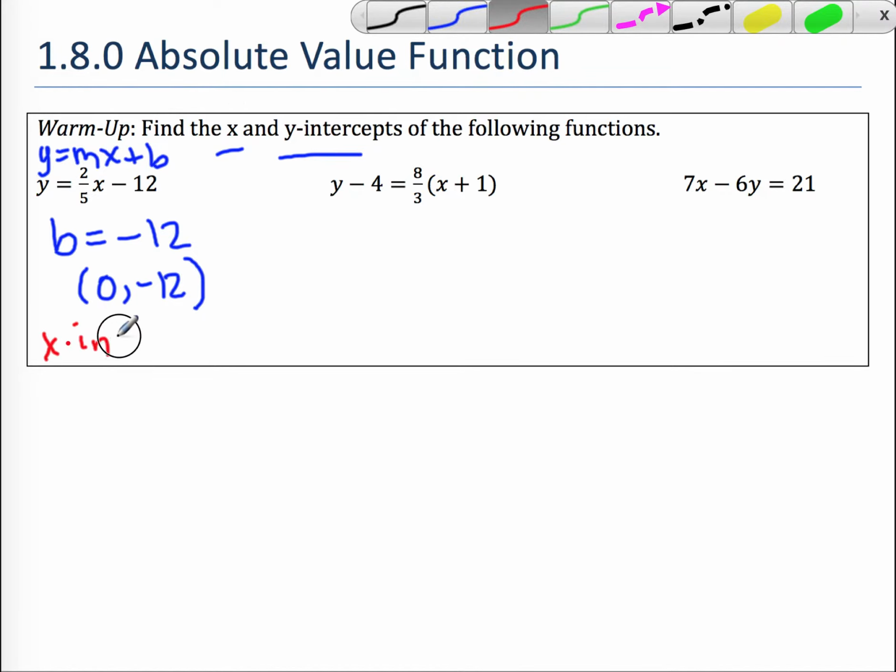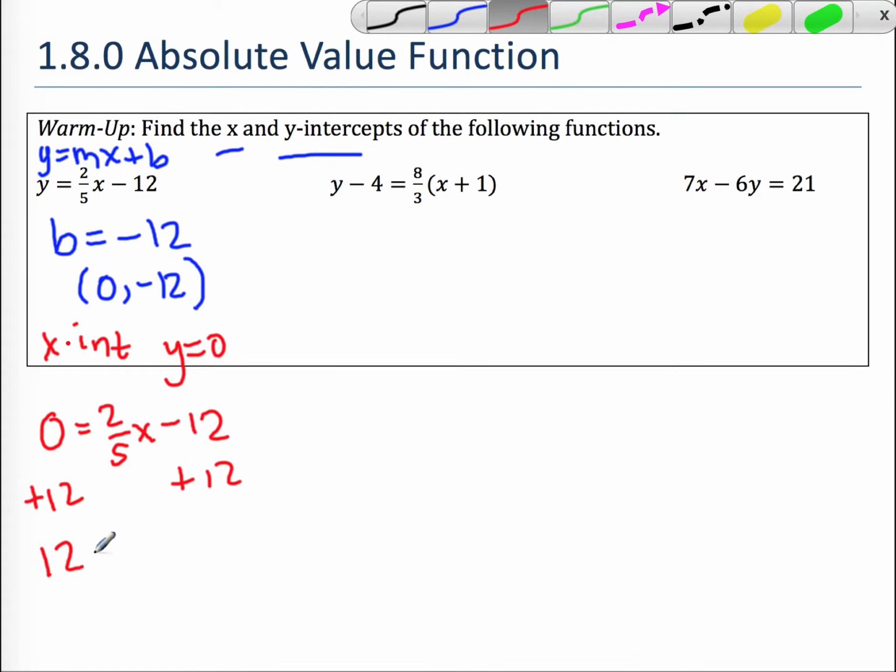Now, to find your x-intercept, we kind of do the opposite. We set y equal to 0. So now we have 0 equals 2/5 x minus 12. And to get x by itself? You add 12 to both sides. Great. So now I have 12 equals 2/5 x. And now to get rid of that divide 5, I'm just going to go ahead and multiply both sides by 5.